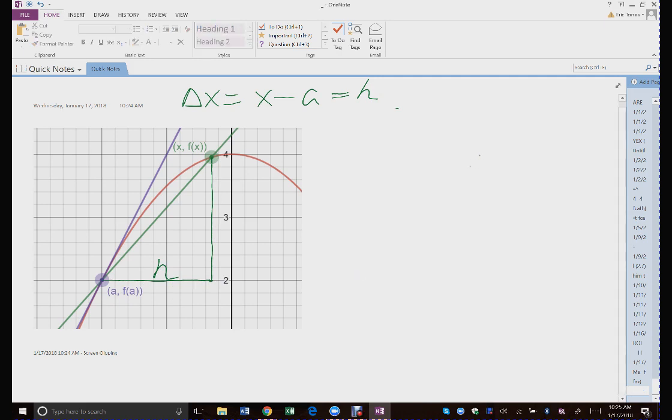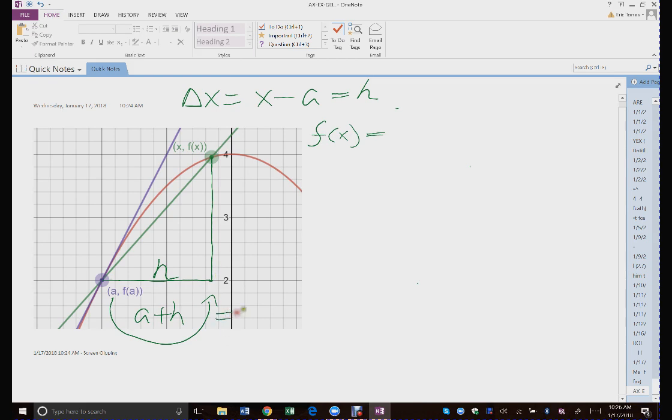So, the second x value, the second y value is, of course, f of x. But also, to get from a to x, we know that you're basically adding h units. In other words, I start at a and add h units to get to the second x value.